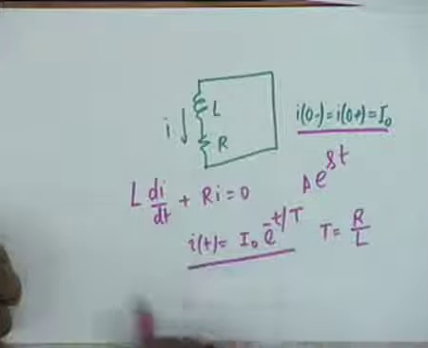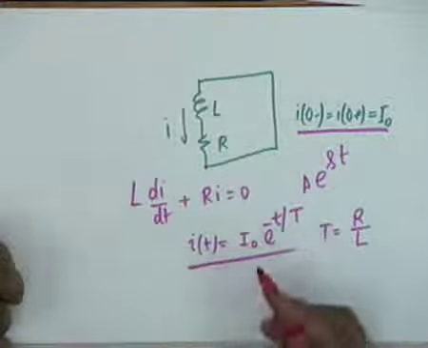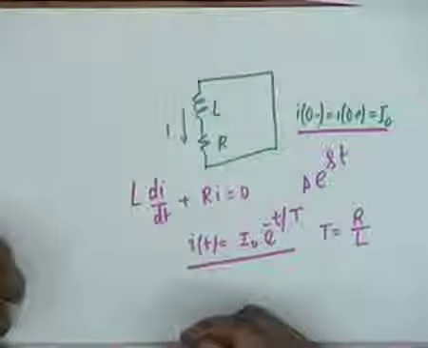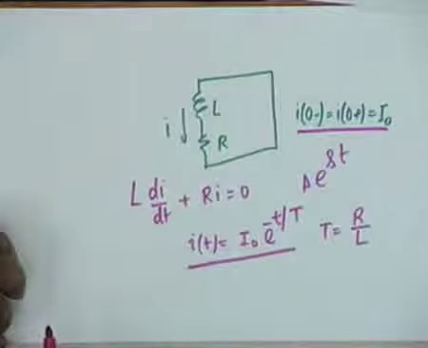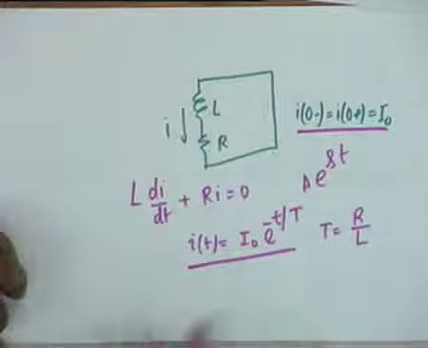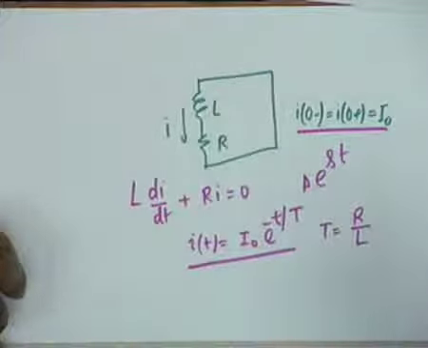Alright, and the same kind of argument about the total charge that passes in the circuit. If you integrate this, it would be I0 times capital T. This also incidentally brings in another definition of capital T. Isn't that right? What is the definition? One definition of time constant is the time required for the current to drop by 1 by e of its value at t equal to 0.